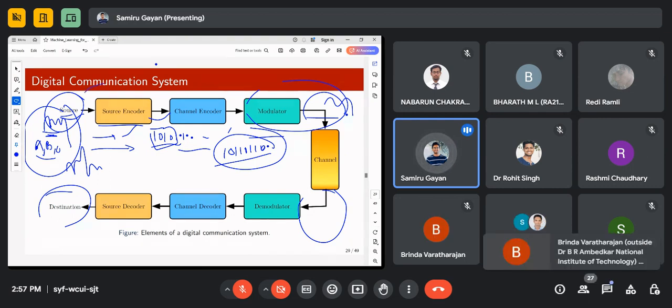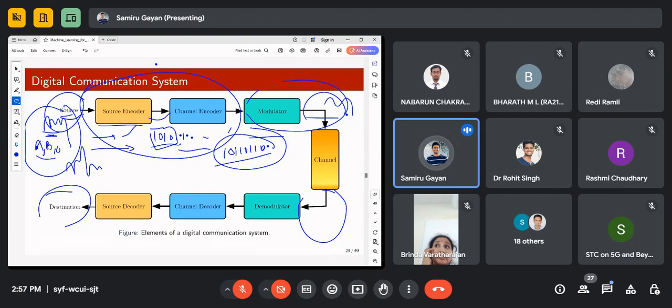What people are actually interested in is jointly doing this one, source and channel encoding both. If we can achieve that together, that's an advantage. So people have investigated applying machine learning here. Why I say that supervised learning is pretty important in these cases is that in a wireless communication setup, most of the time we have this input output relationship, and we can train it, at least offline.